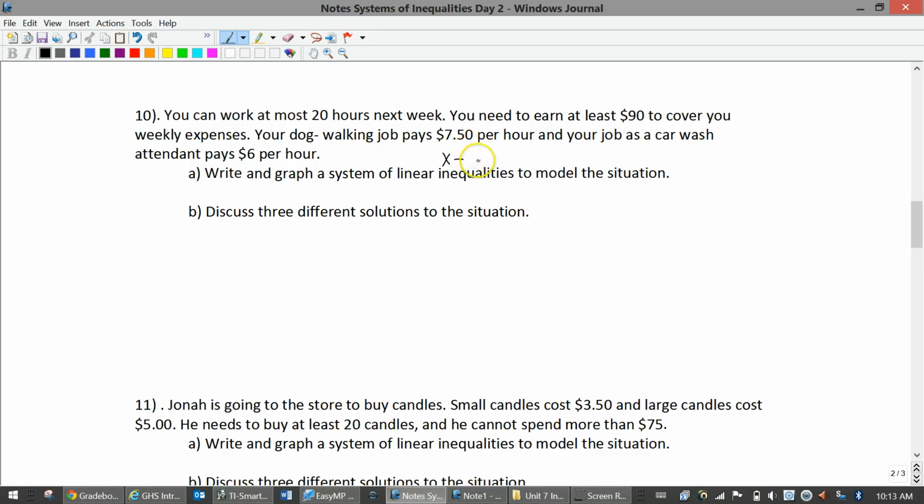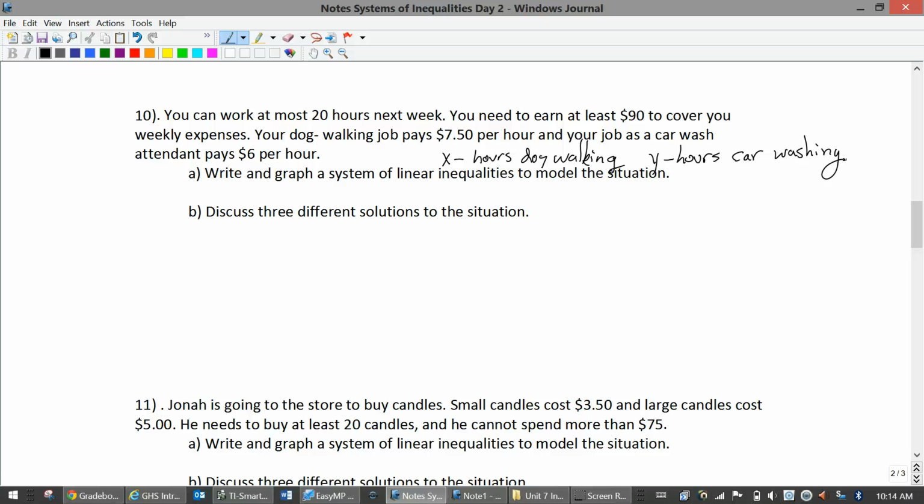X is hours dog walking, and Y is going to be hours car washing. Okay, and those two scenarios are going to change.